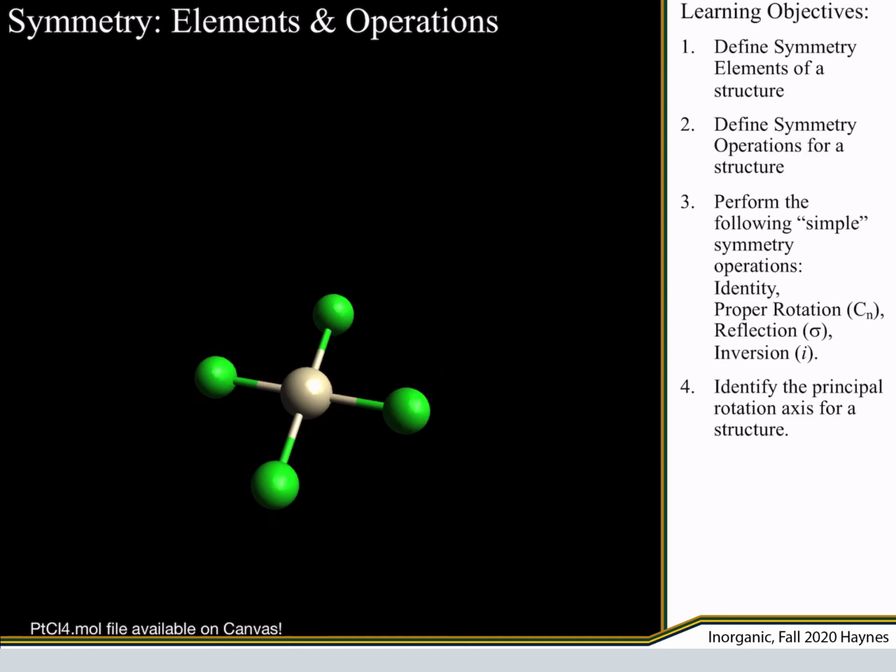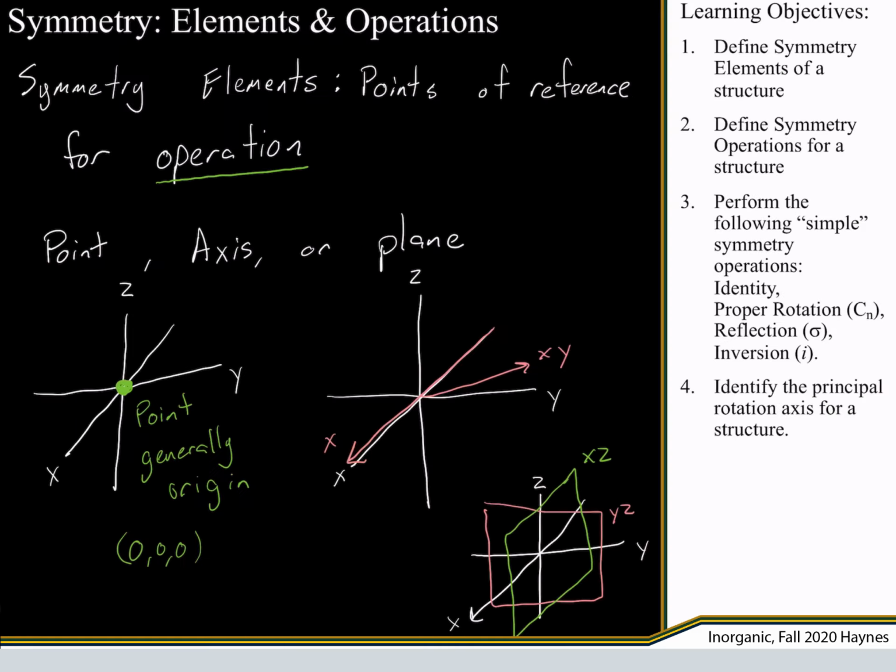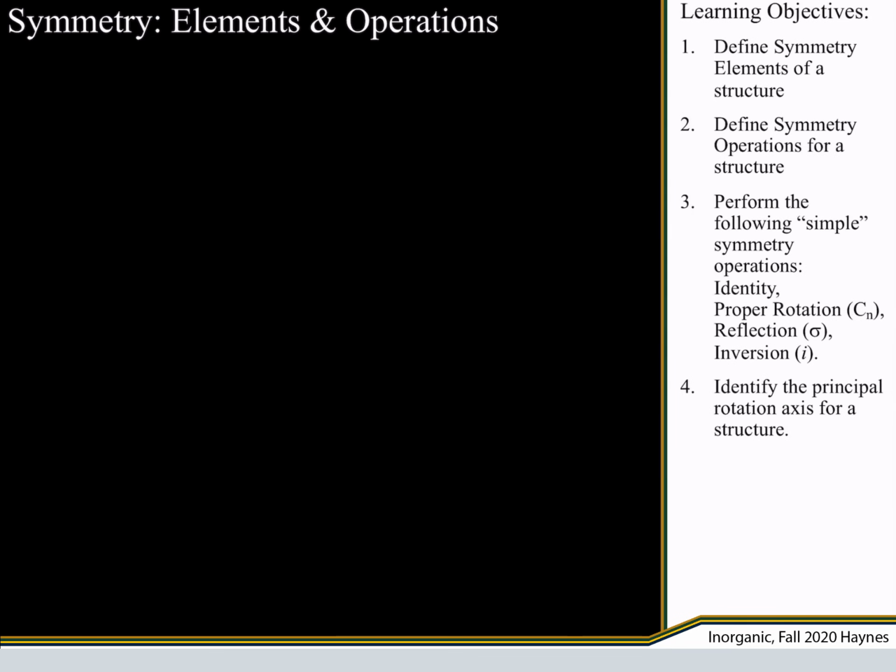So let's start defining some of these symmetry operations for our platinum tetrachloro compound. So in order for something to contain an operation, right, if something contains a given operation, the structure, and again, it's not necessarily a molecule, right? Symmetry operations exist for things outside of molecular systems as well.